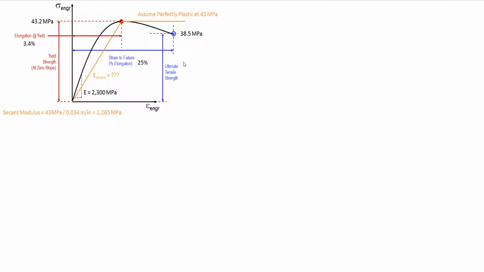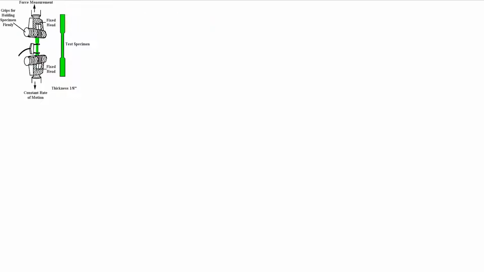Then we have the other big one, which is the strain to failure. So this is the maximum amount of strain that we could give the material before it breaks at this breaking point right here. So we could stretch the material an additional 25% of its original length. So like 125% of its original length, or an additional 25% of its original length before it breaks, which is a significant length.